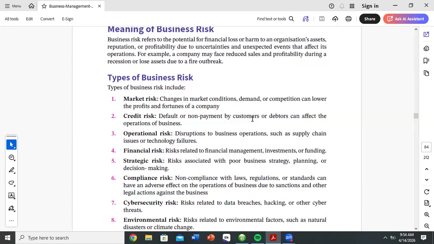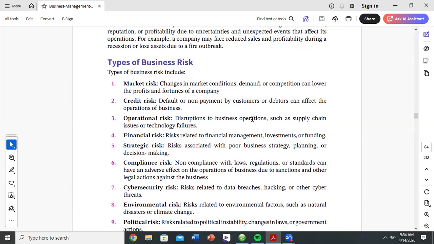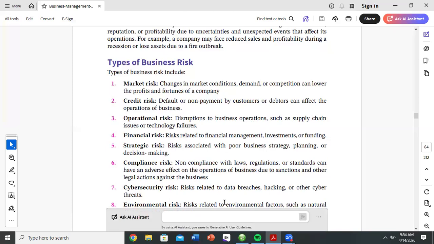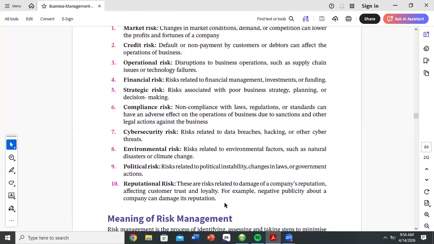Credit risk: some businesses give out credit to customers and the customers fail to settle or default, and it can affect the business negatively. Operational risk looks at how operations of the business may cause harm to the business. Strategic risk, we saw compliance, cybersecurity, environmental risks, and then political and reputational risks.